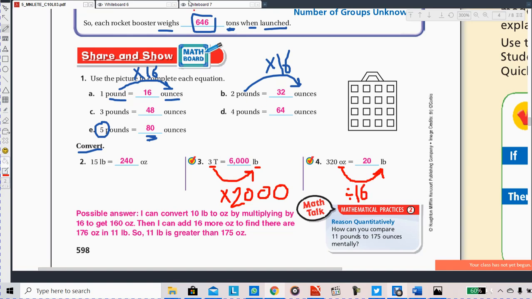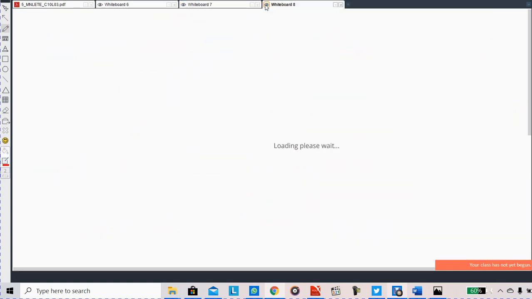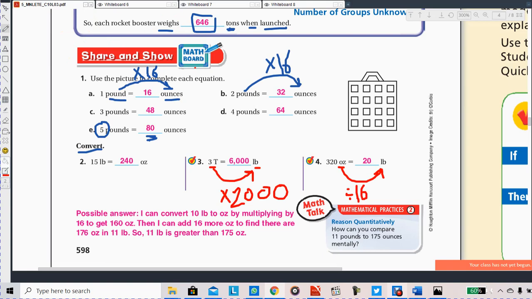Okay, so let's make a new one. 320 divided by 16. You have to write all the steps. Okay guys, to memorize how can we do it.